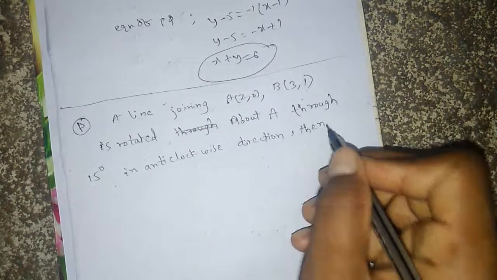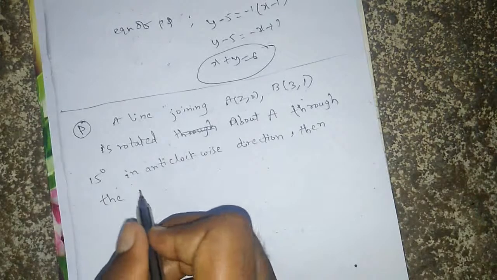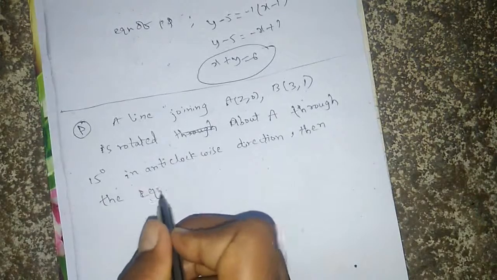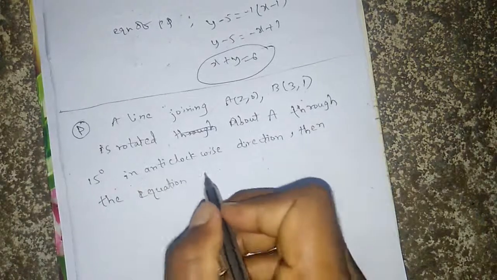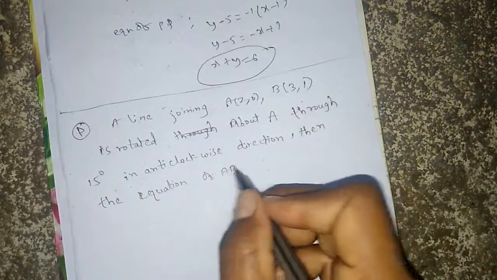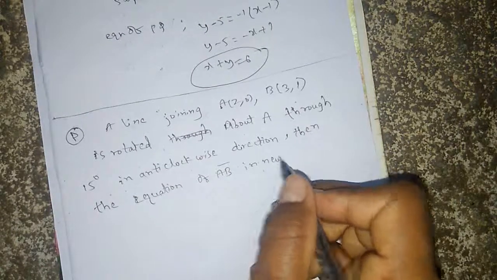Then the equation of AB in new position is.